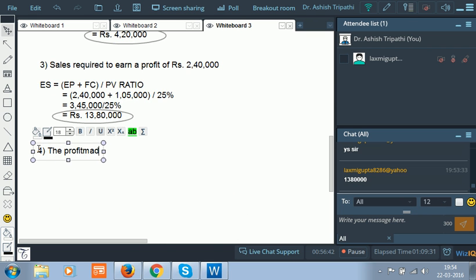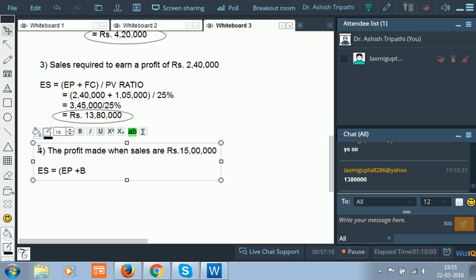Fourth, the profit made when sales are rupees 15 lakhs. Same formula, expected sales is equal to expected profit plus fixed cost upon PV ratio.